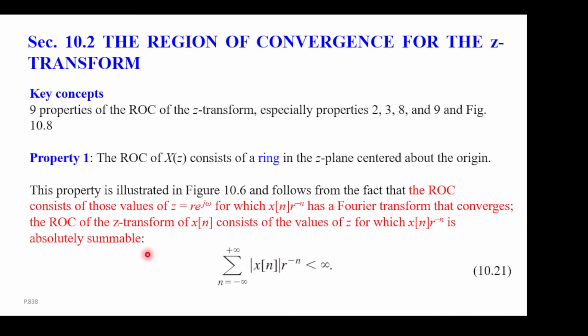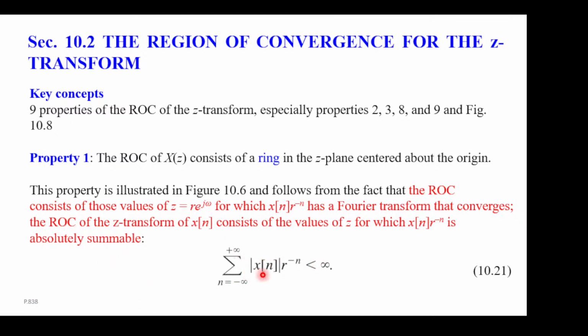So if it's absolutely summable, then its Fourier transform will converge. And otherwise, if it's not absolutely summable, it's very easy to see that it does not converge. So now this statement is actually quite rigorous, even without too much assumption or looking in a book.